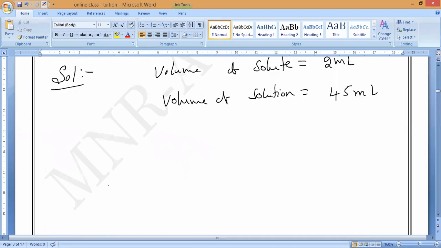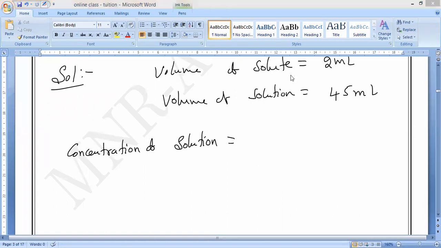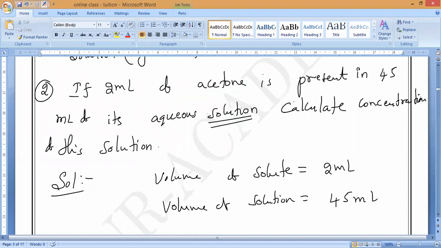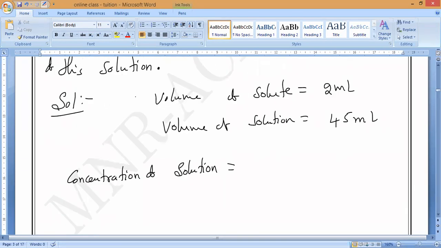Now they are asking the concentration of the solution. When I say aqueous, it is already a dissolved state, so we should consider it as a solution.